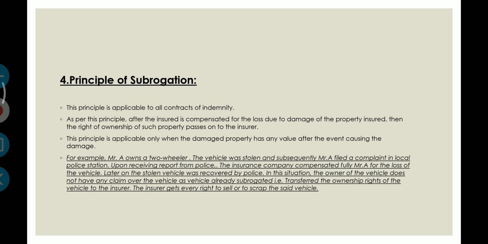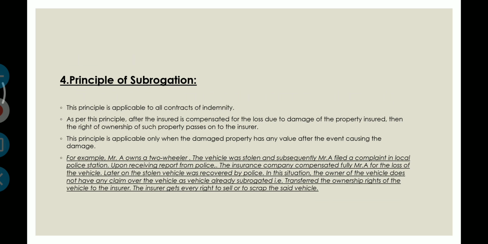For example, if I have insured my car and the car has an accident and I claim money from the insurance company, and the insurance company gives me my compensation, after that the car will be taken in its scrap position, in its wreck position, by the insurance company.